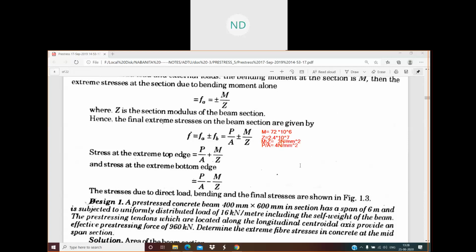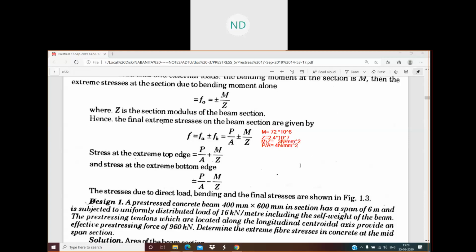Everybody got it right now? The moment, the section modulus, P by A, M by Z. Everybody got the correct answer? Okay, yes, everybody got it.